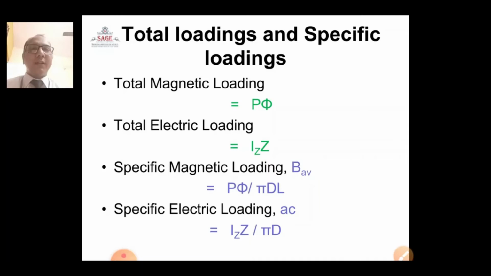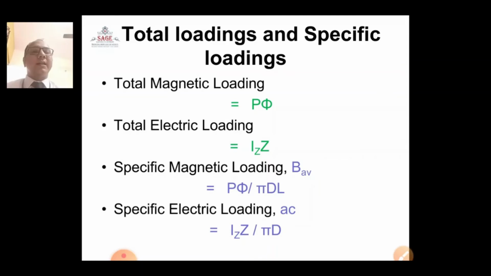The armature periphery comes out to be pi D. To calculate the specific electric loading, first we must know the total electric loading, and then, knowing the diameter of the stator, we can calculate the total length of the periphery.